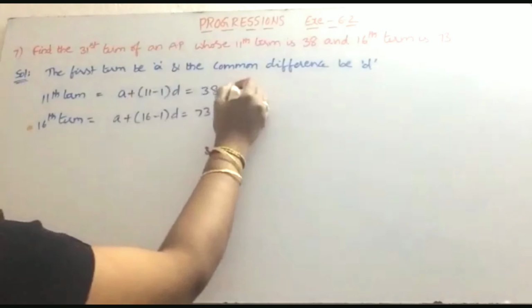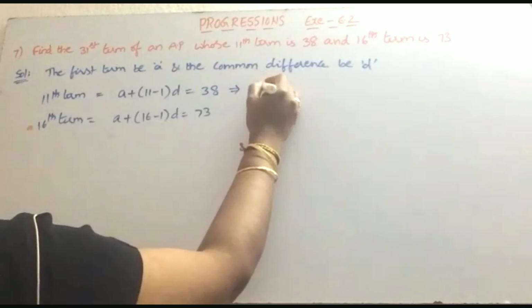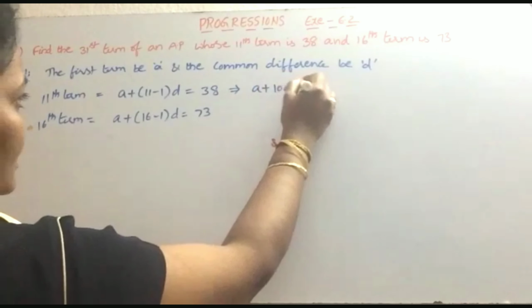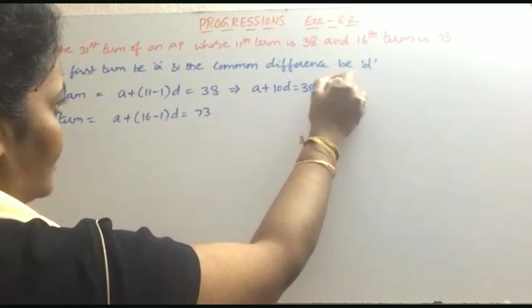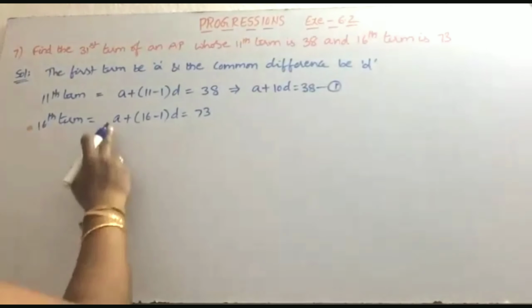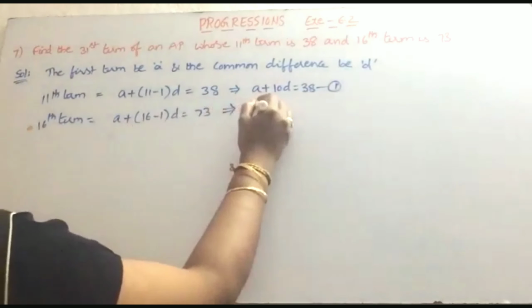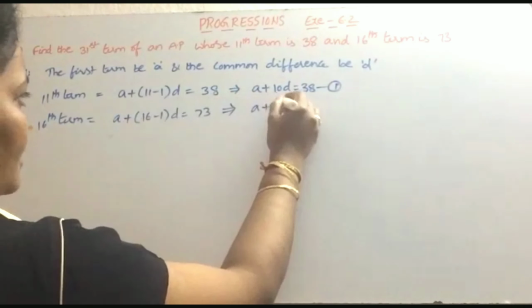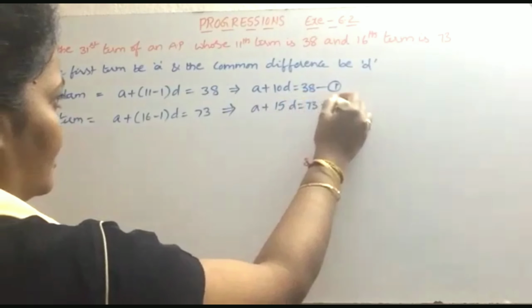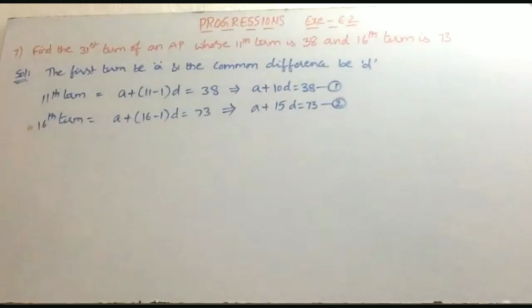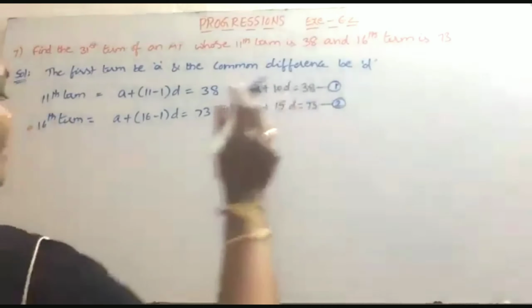For this 11th term I will write this as A plus 10D is equal to 38. I will take this as the first equation. And for the 16th term, A plus 15D is equal to 73. I will take this as the second equation.